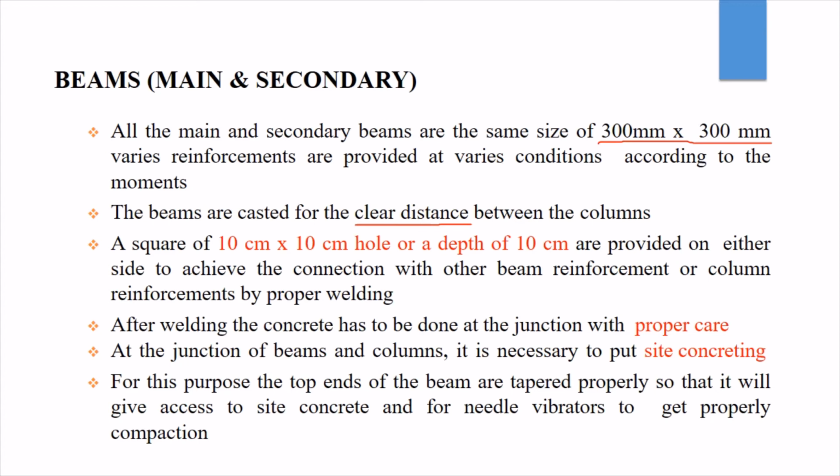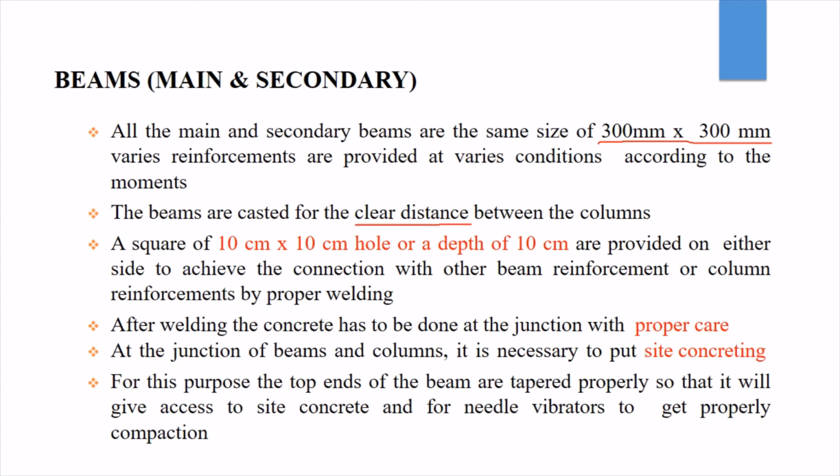Like this only they are connecting both. After the welding has been done, we need to take proper care of the junction. Without proper care we can't get good joining conditions.